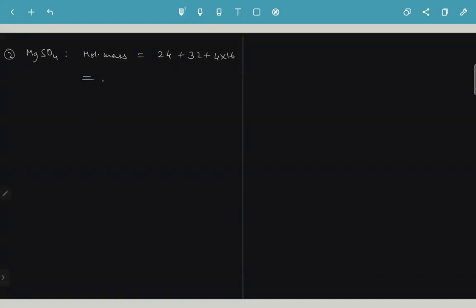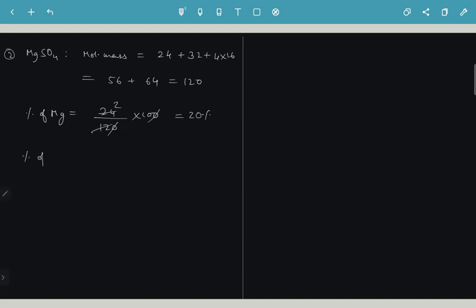So 24 plus 32 is 56, and 4 into 16 is 64. This is 120. Percentage of magnesium, there is one magnesium atom, 24 upon 120 into 100. So how much will this be? 20%.